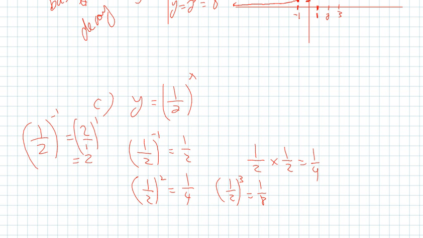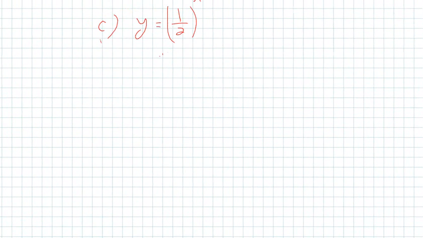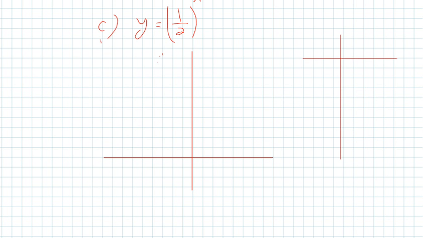Okay, so let's do a table of values for them. I'm going to pick -3, -2, -1, 0, and 1.